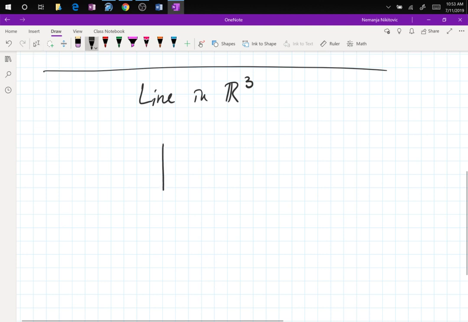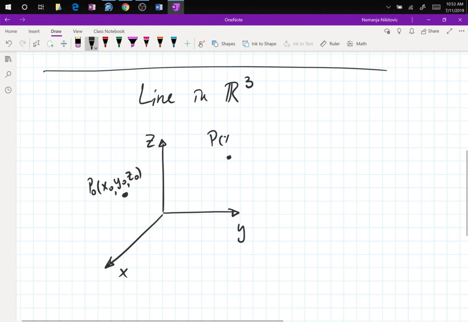So if I have my three-dimensional coordinate system over here, x, y, z, and I pick 2 points in space, call the first point over here on the left P0, which has x0, y0, z0 coordinates, and call the other point P, just x, y, z.